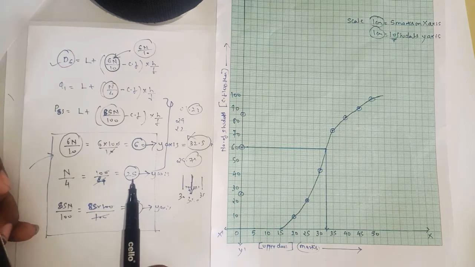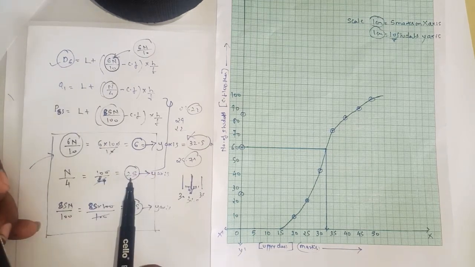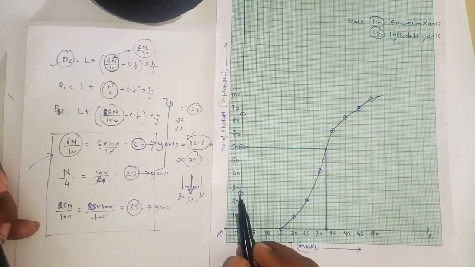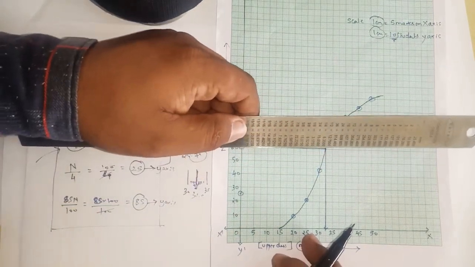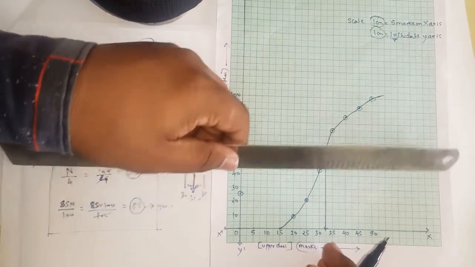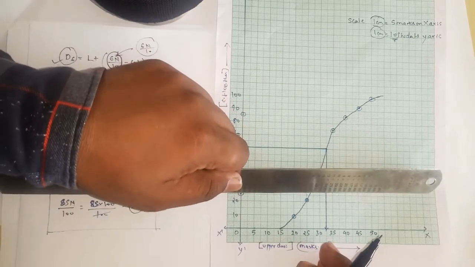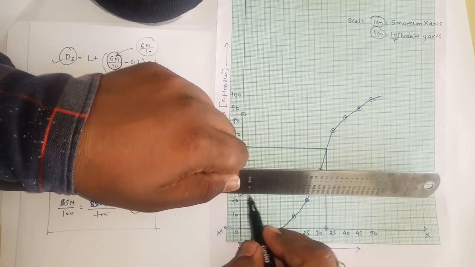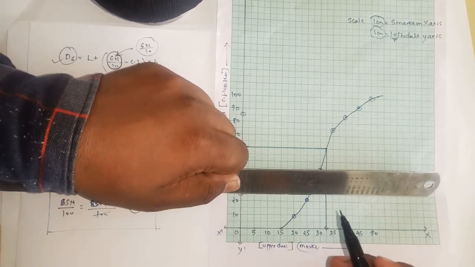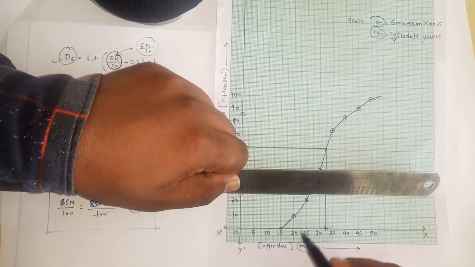Now we'll find Q1. We'll see where 25 lies, it lies here. So we'll draw a straight line, but it should be parallel to the x-axis.